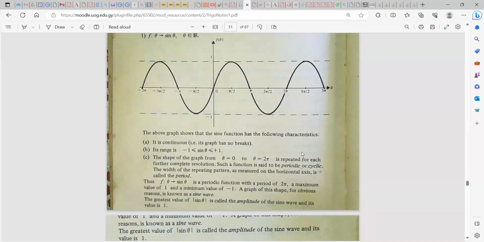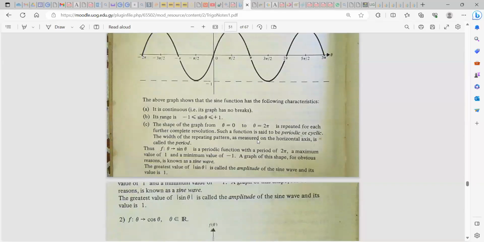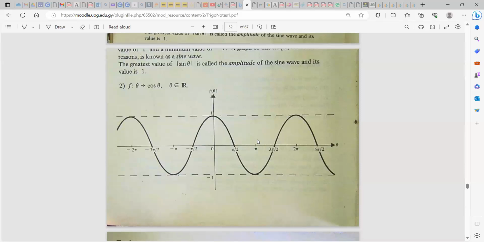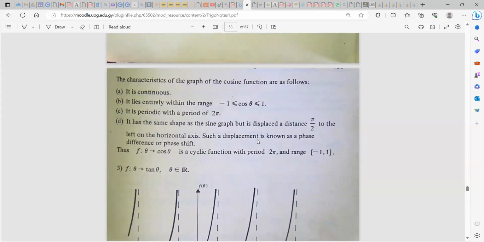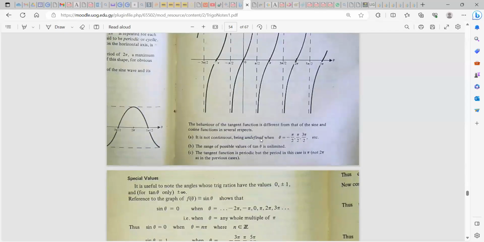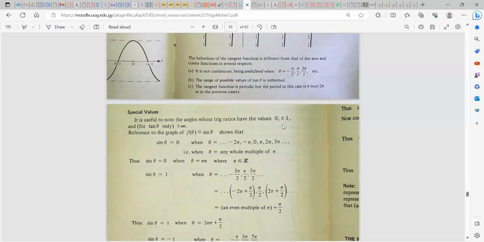Right? Yeah, these are some properties. You read up all about these, right? This is the cosine, and you must know the nature of the graph, right? Its amplitude, its domain, its range. You know all those characteristics. It's all here. Right? You need not go through them again. You can read. I know you can read, right?